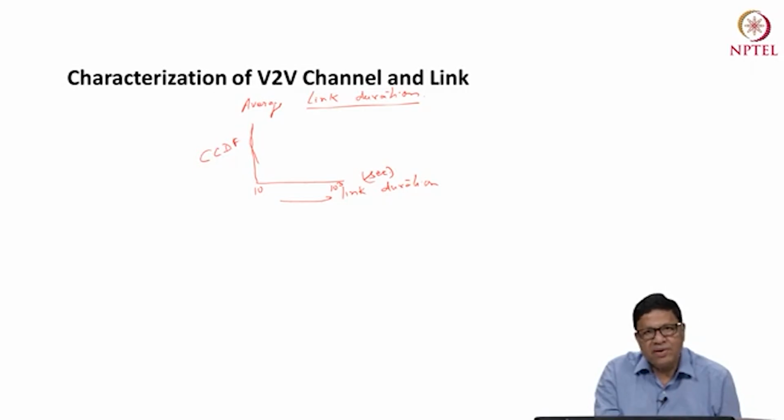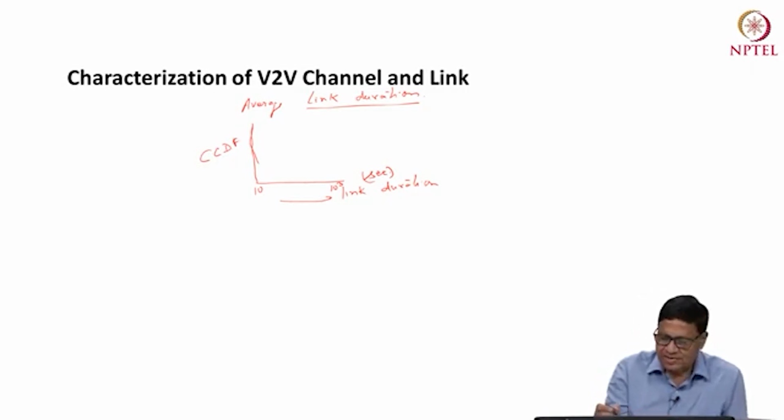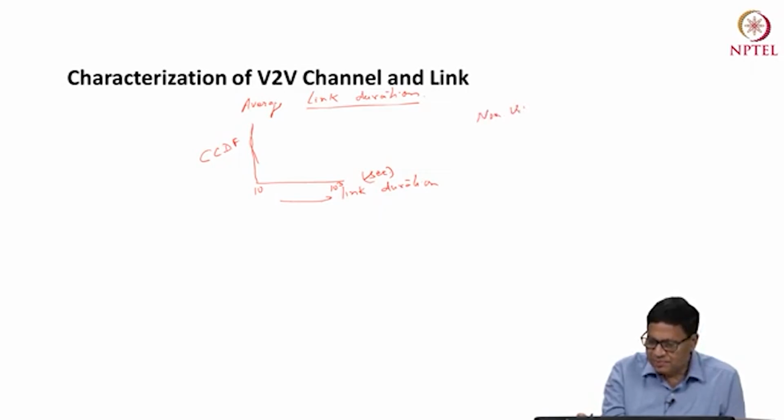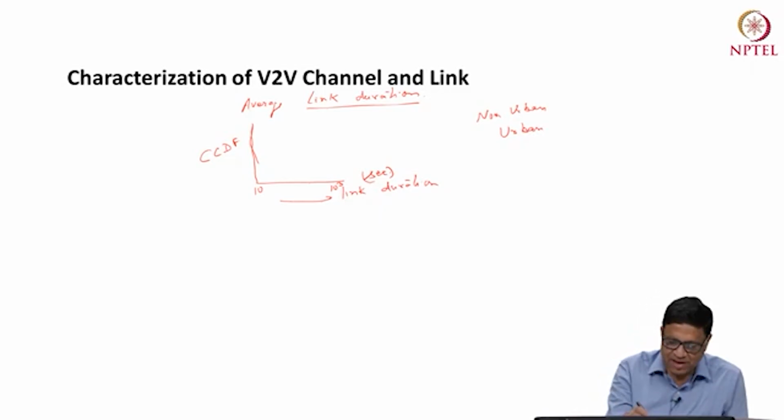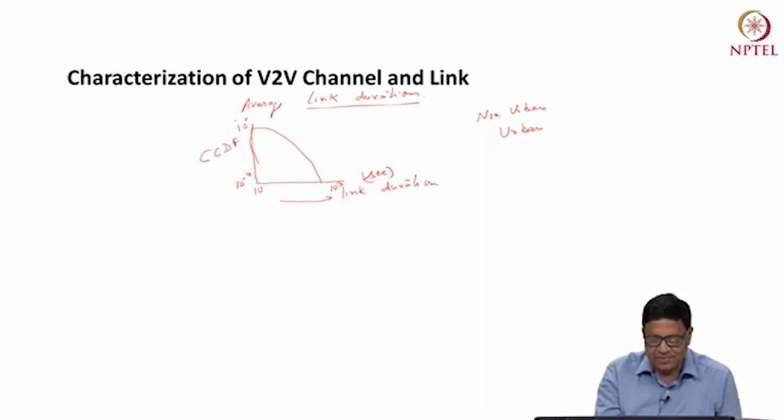the cumulative complementary distribution function, and this can be different for example for a non-urban scenario, where traffic density is not very high, or an urban scenario where traffic density is very high. So if you plot this curve, the typical curve looks like this. The CCDF value is very low here, 10 to the power -4, and it is 10 raised to power 0 here.